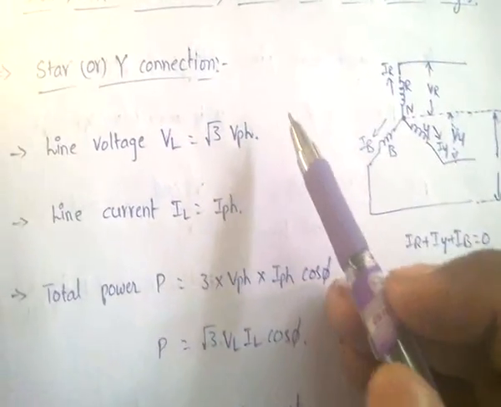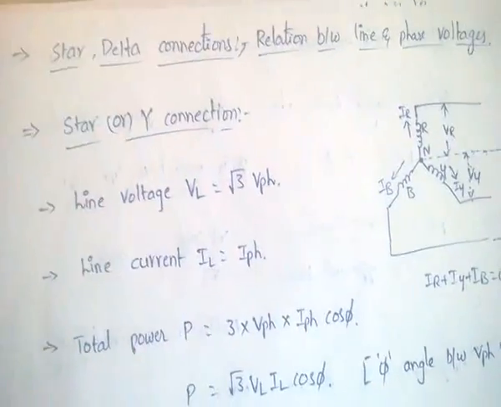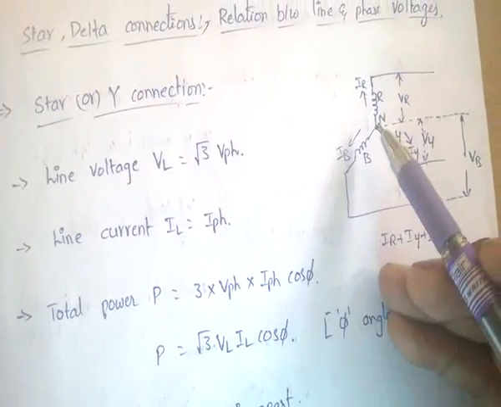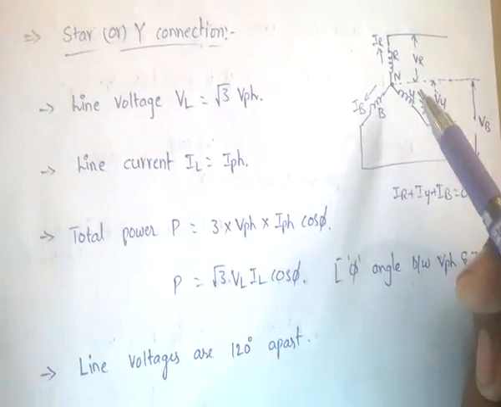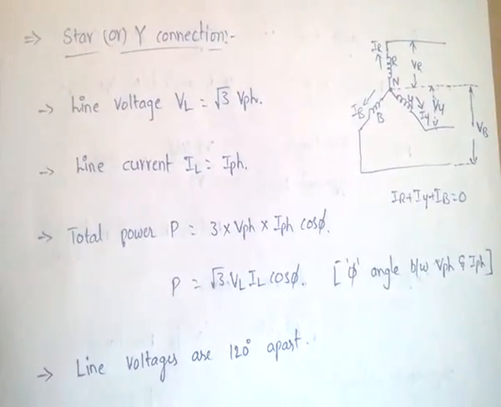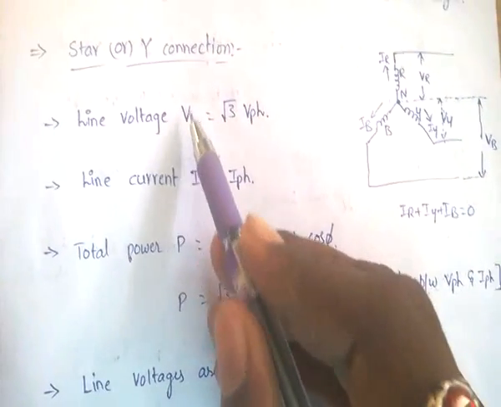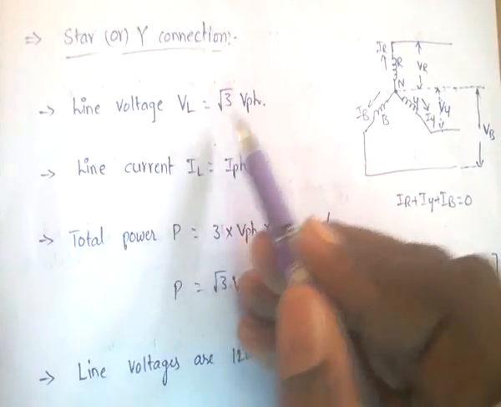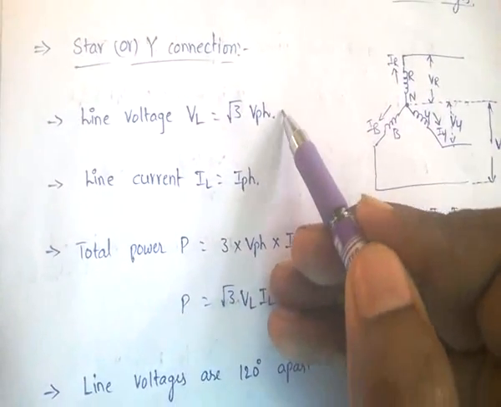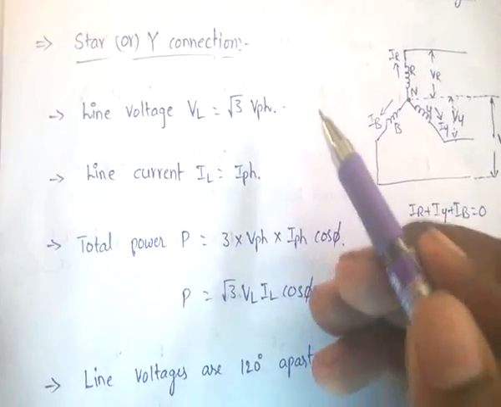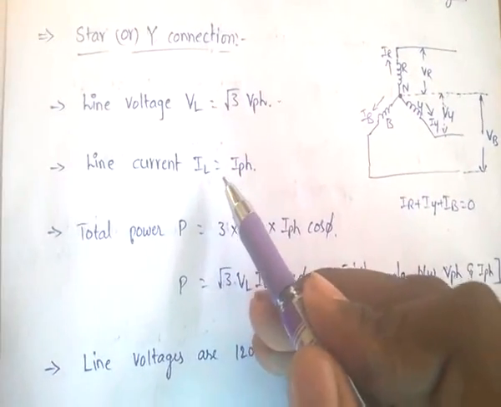In the case of star connection, line voltages are displaced 120 degrees. Here the line voltage VL equal to root 3 times the phase voltage, and line currents are the same, that is I line equal to I phase.